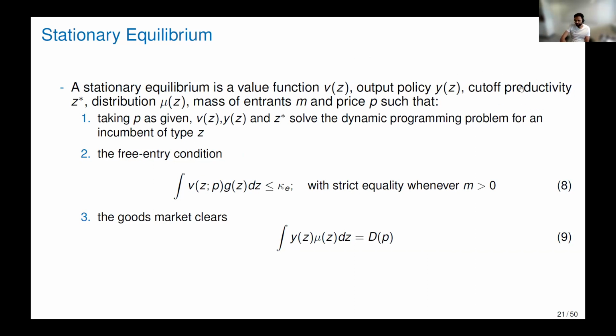I will know the cutoff productivity from the zero profit condition, and there will be a stationary distribution of firms, which means that the number of firms will not change in the economy. There will be entry and exit, but that will be such that the distribution of firms will not change.